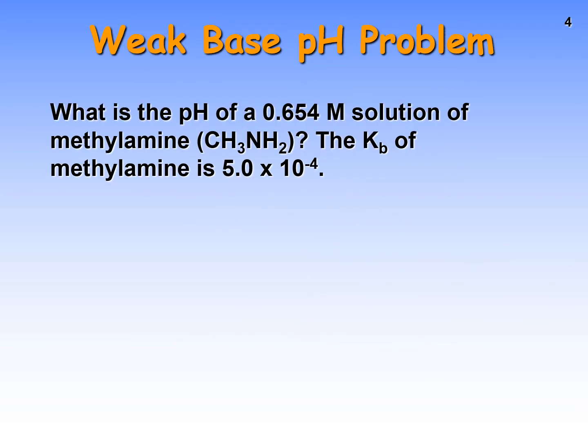So let's do another example here. What is the pH of a 0.654 molar solution of methylamine? I'm giving you the formula here. We should be able to write out an equilibrium expression if I give you the formula. If I don't give you the formula, call it A-, that's totally fine too. But if you're given the formula, you should be able to write it out.